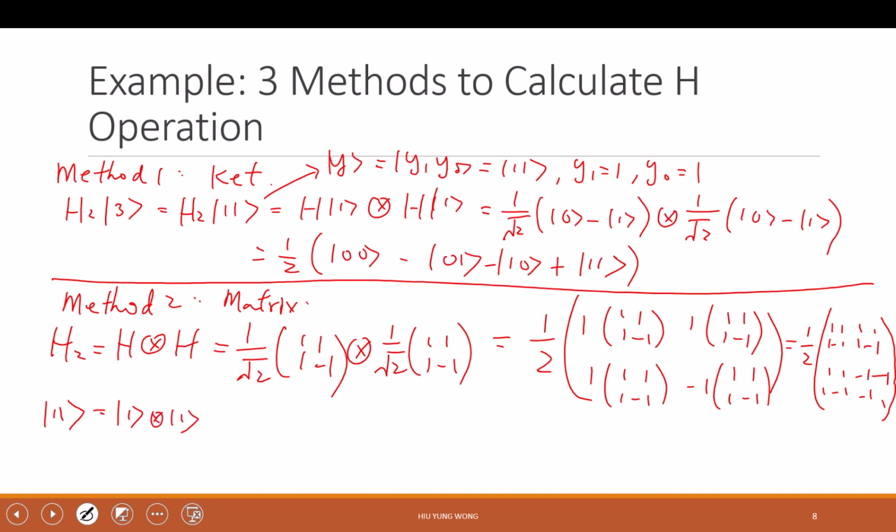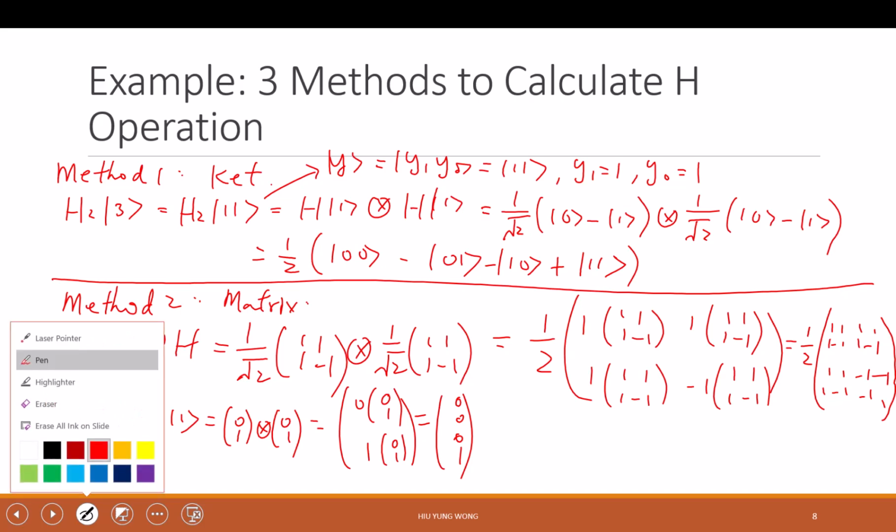What is the matrix form of 1? 0, 1. Then we do the tensor product, so don't make mistakes. 0 times 0, 1. Just do it slowly, you have plenty of time. 0, 0, 0, 1. Don't just jump in and say 1, 1, 1, 1, because 1, 1, 1, 1 is actually a superposition.